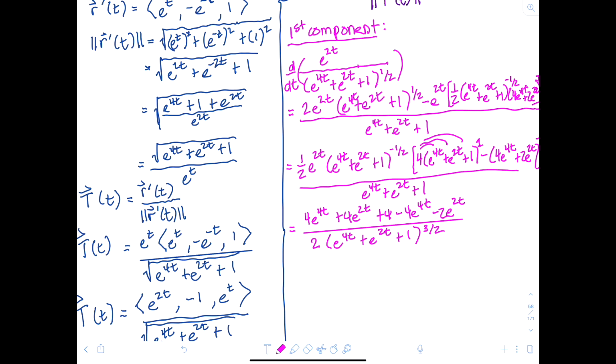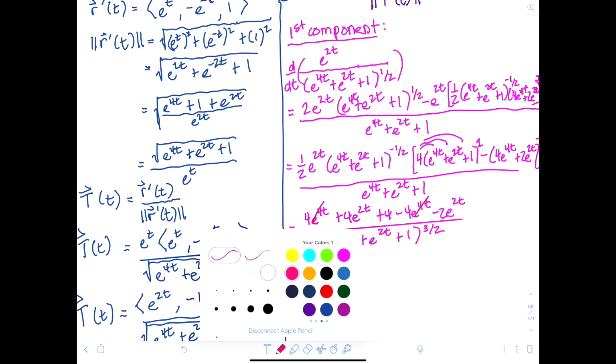Cool so far? Well, fortunately, some of this stuff will zero out. The 4e to the 4t zeroes out, and we can combine a couple things. So let's see what we get.